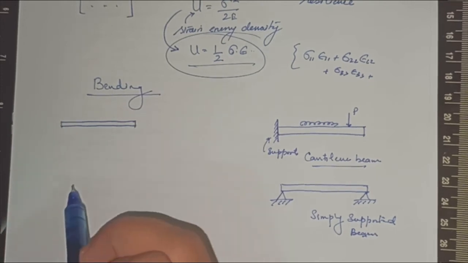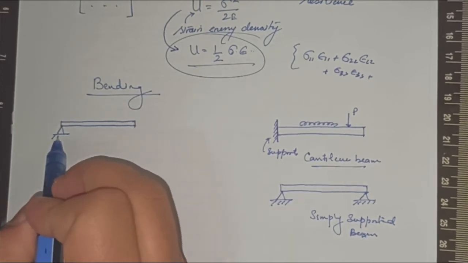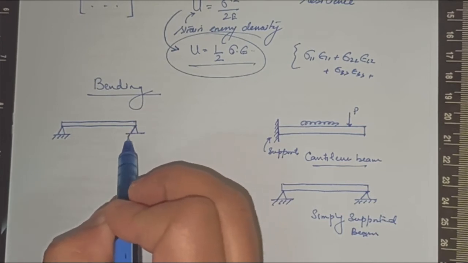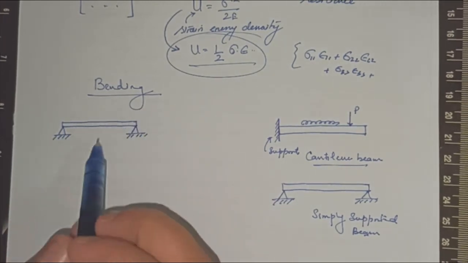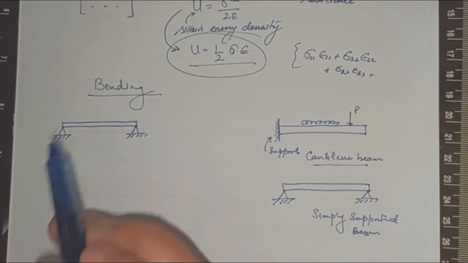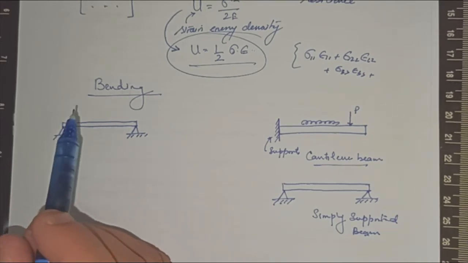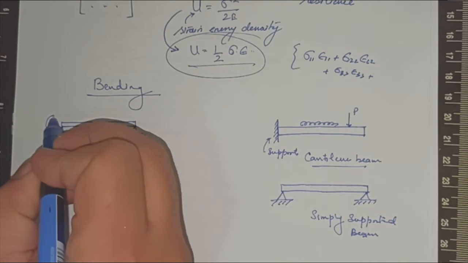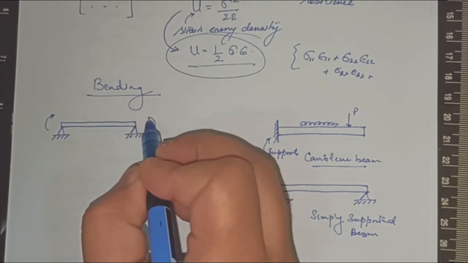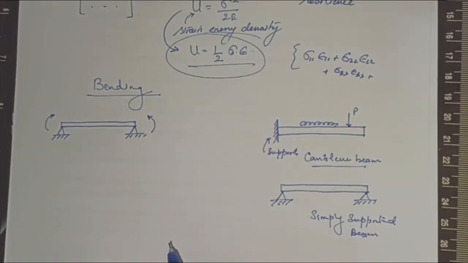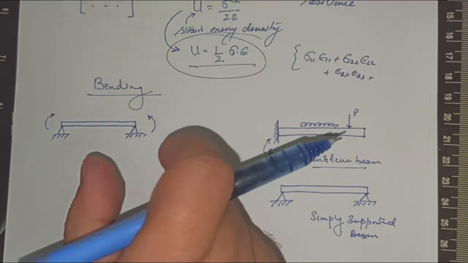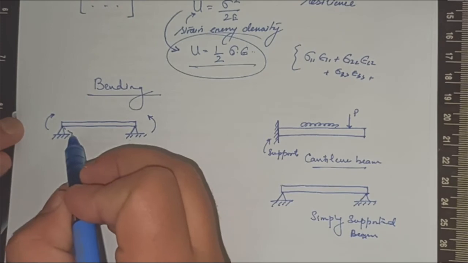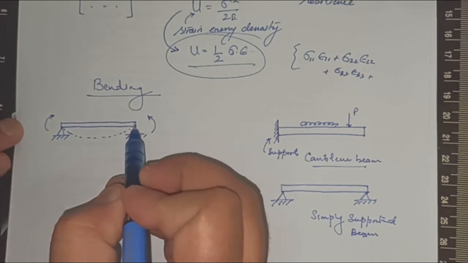This beam is simply supported, and now this is a loaded span. That means any load can be applied on this. You can apply a point load, or whatever load you are going to apply, it will experience a bending. So when the bending occurs, there will be this kind of a movement.